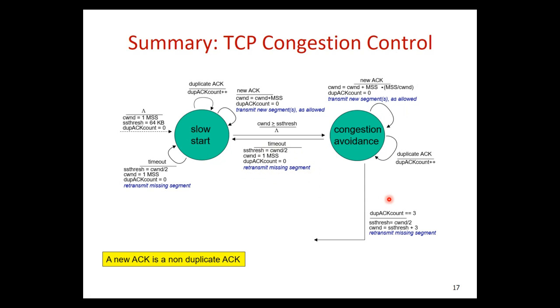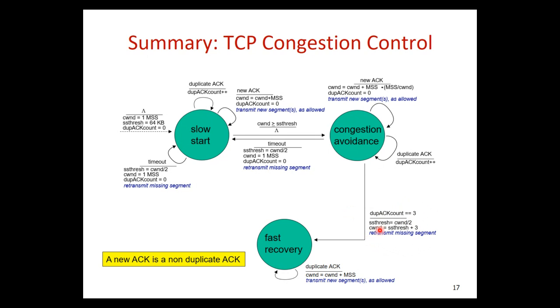Now we have another type of event, which is 3 duplicate ACKs, so the duplicate ACK counter is now equal to 3. This FSM is for TCP Reno, just to be clear. When there's 3 duplicate ACKs, because this is a packet loss event, update SS threshold to be CWND divided by 2.